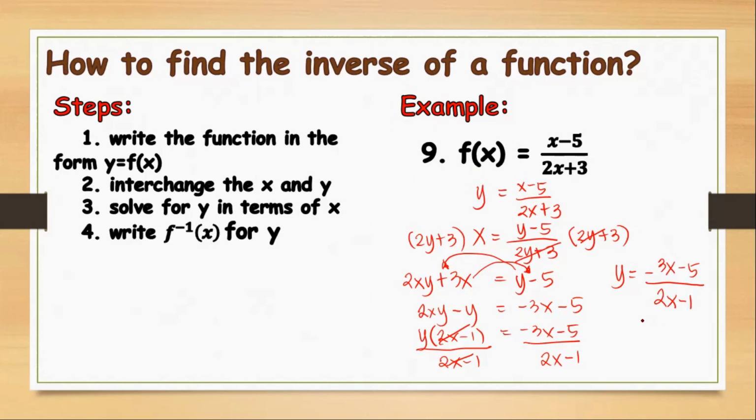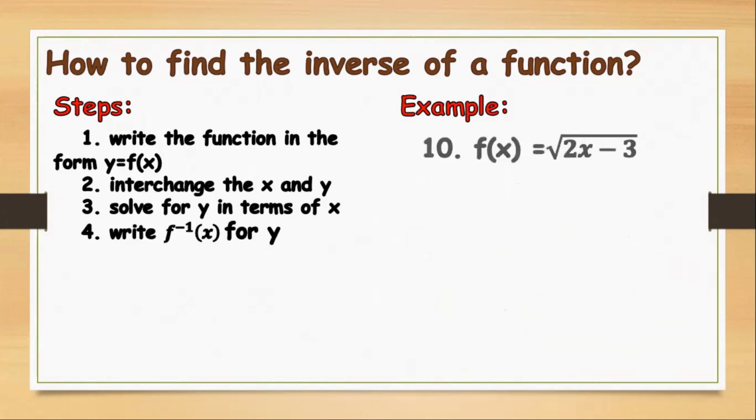Or you can rewrite that as y equals 3x plus 5 all over 1 minus 2x. We can also write that form. So we have f inverse of x equals 3x plus 5 all over 1 minus 2x. Okay, that's it. And for the last example, number 10.